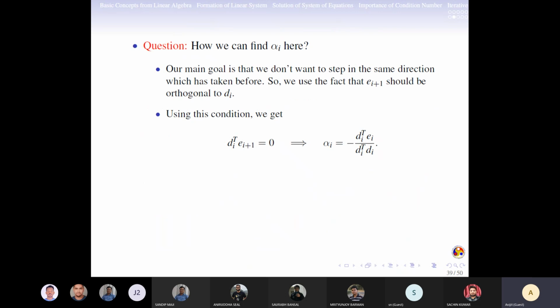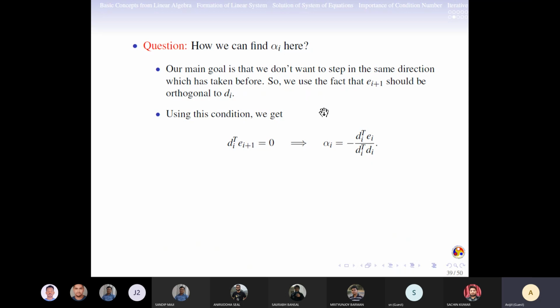Now the question is how we can find alpha i here, because in steepest descent we found alpha by differentiating f with respect to alpha and setting it equal to 0, which gives you alpha. But if you do the same thing here, it will give the orthogonal direction again, and we are not finding the orthogonal direction.